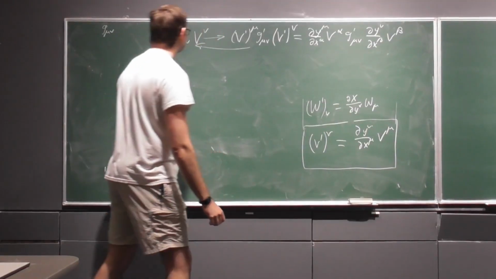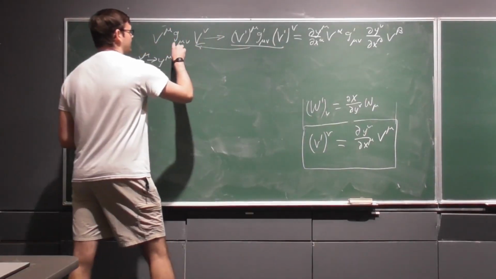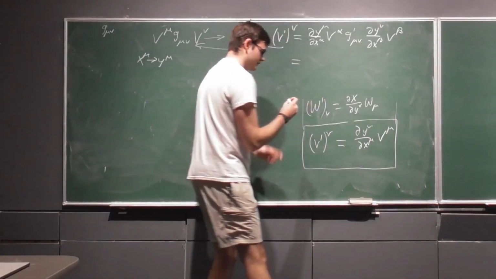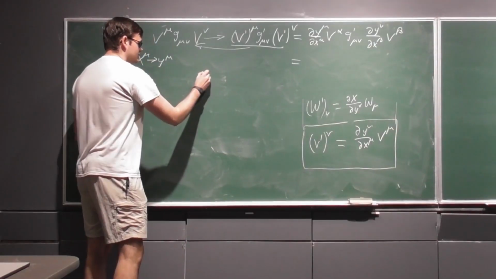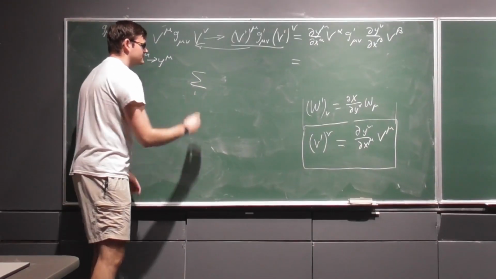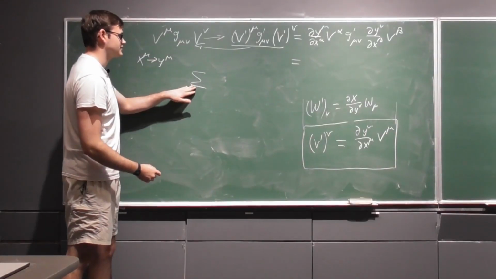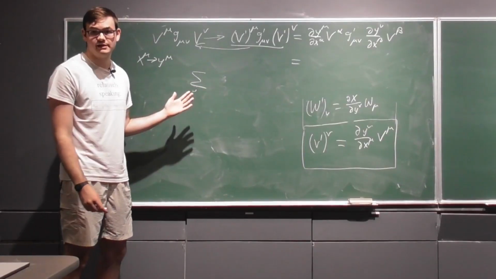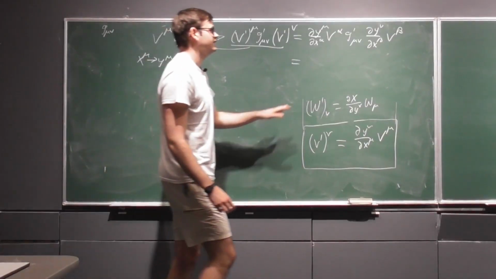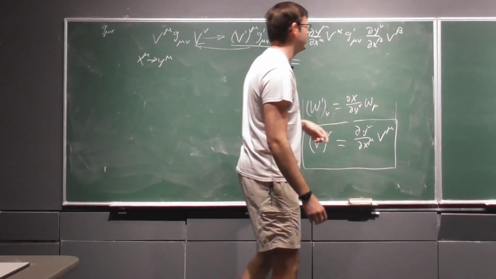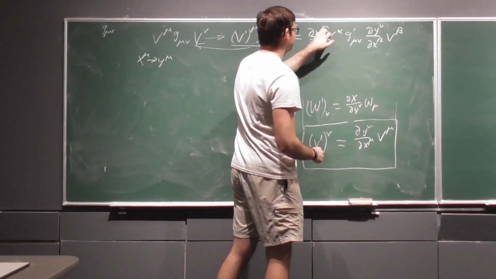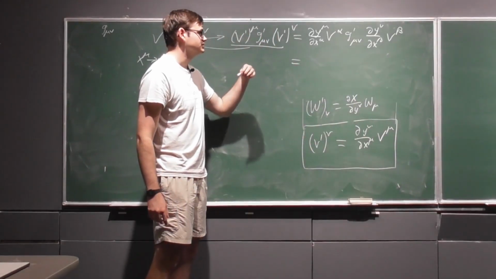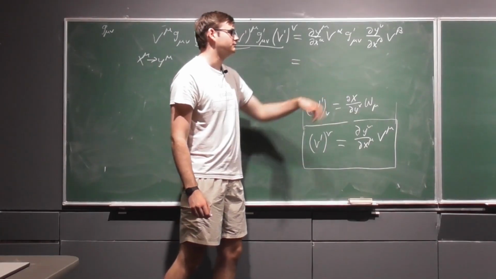So now, if we impose that this thing is equal to this, I'm going to do some relabeling. This is something that I can always do with index notation. If I'm summing over something, I might be summing over i. I'm always free to go, okay, I'm sick of i, I'm going to call this j and change everything over here. As long as I'm summing over it, it's okay. I can do the same thing here. So I have alpha and beta, and I have mu and nu, and everything's being summed over. So let me swap. I'm going to say my mu's are now alphas, and my nu's are now betas.